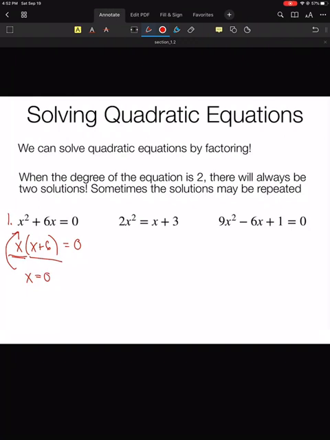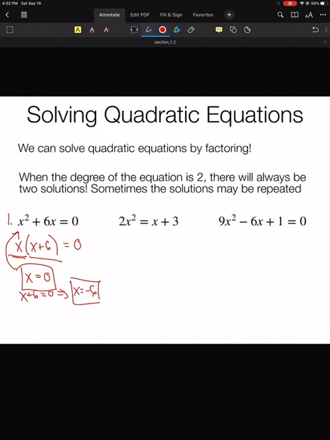The second one is x plus 6 equal to 0, which translates to x being equal to negative 6. You can substitute that back in as well and see that it does equal 0. So our 2 solutions here are x equals 0 and x equals -6. There are the two solutions for that. That's the nicest case.